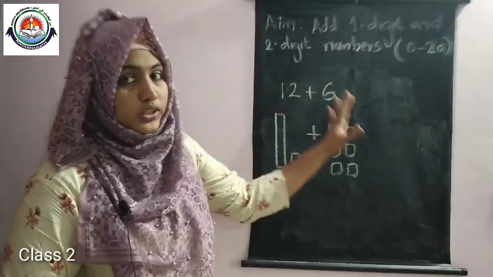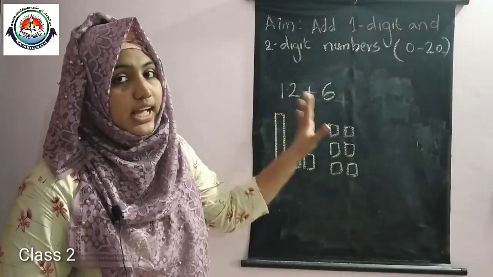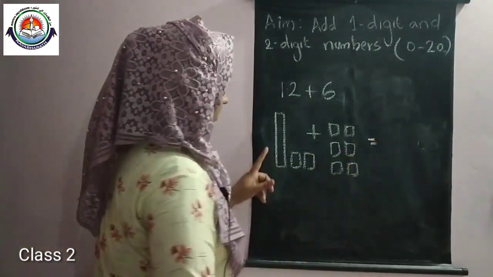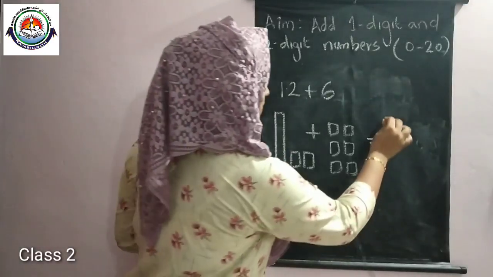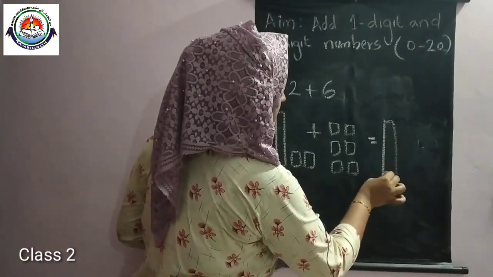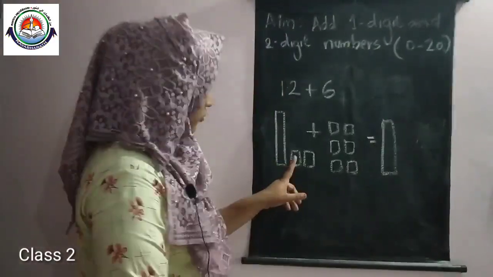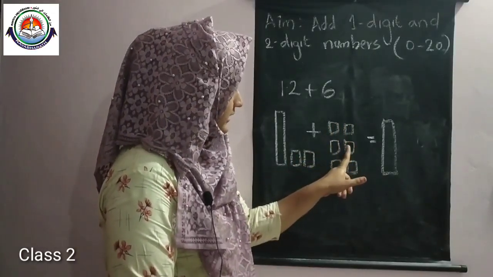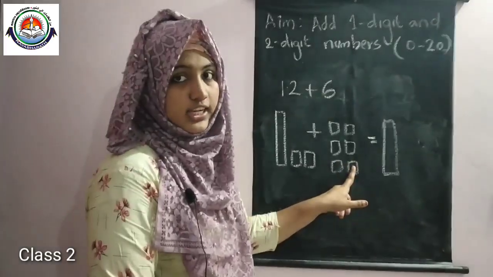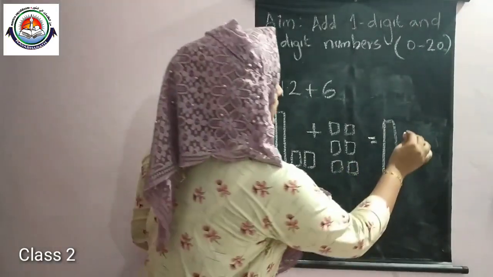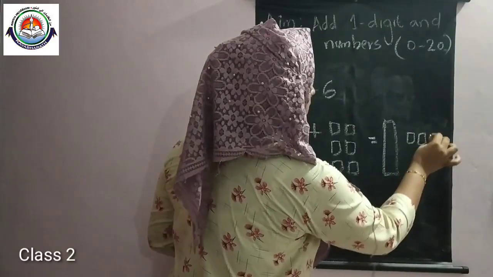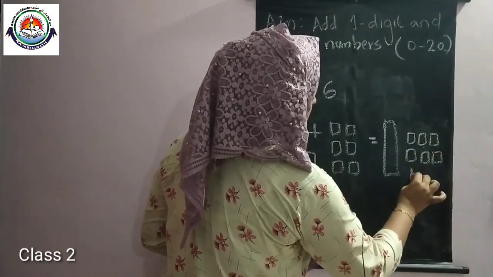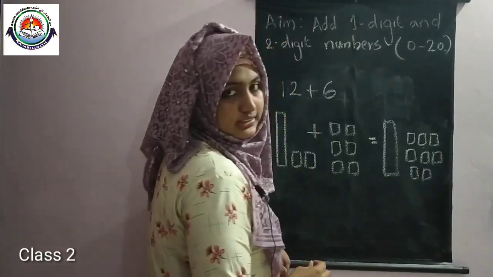So we are going to put these blocks together and we can find the sum. So here only 1 tens block, 1 rectangle shape. Then 1, 2, 3, 4, 5, 6, 7, 8. 8 ones blocks.